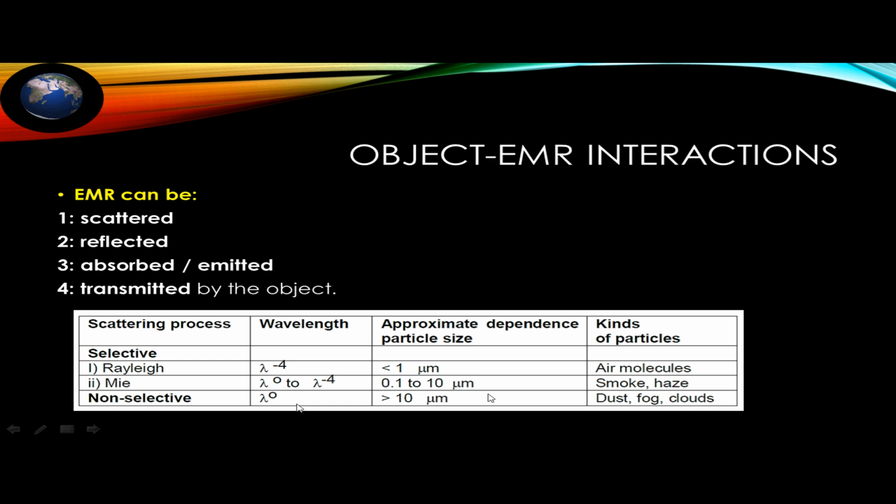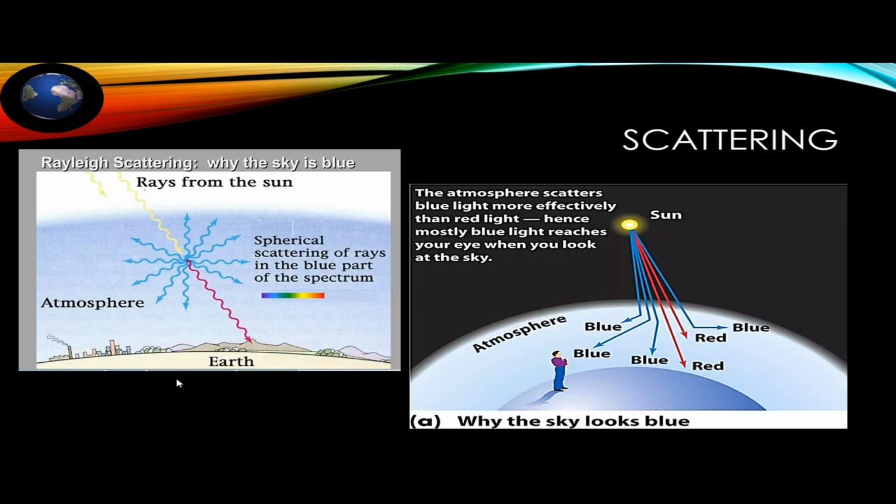Non-selective scattering happens with particle size more than 10 micrometer, which is for dust, fog or clouds. When the particle size is very large, it comes under non-selective scattering, and when it is in this smaller range, it comes under selective scattering of Rayleigh and Mie. I will show you an example of this scattering also.